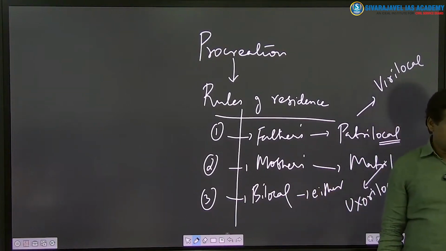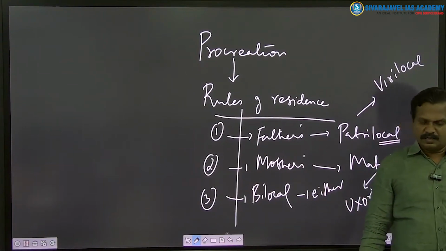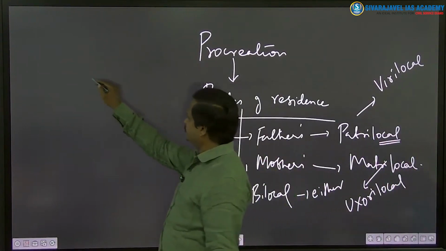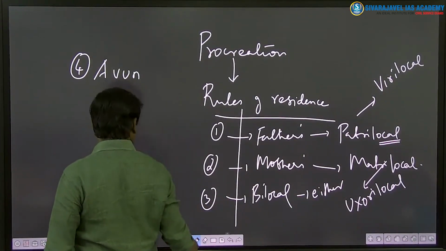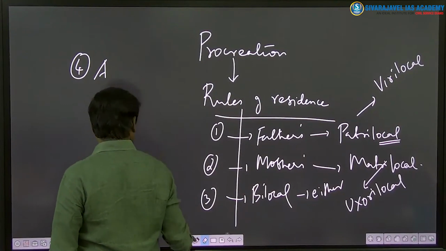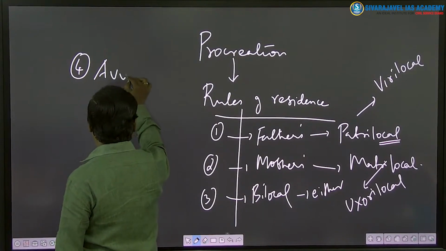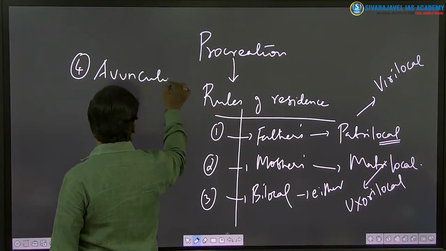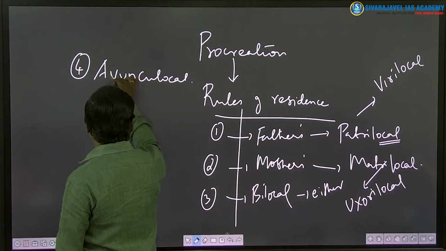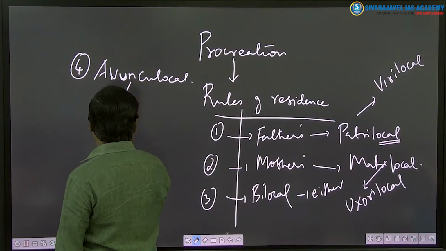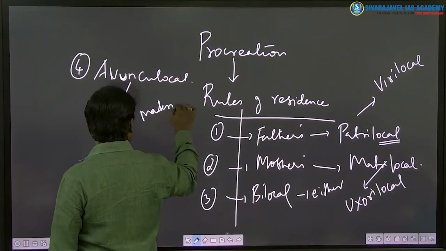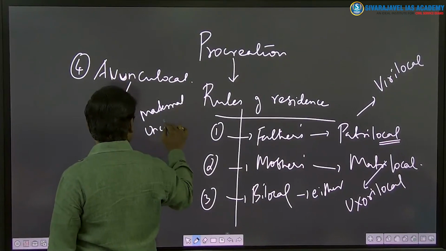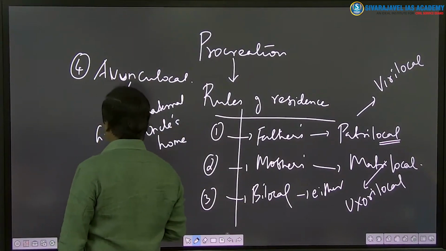And there is a residence called avunculocal, which means you are staying in the groom's maternal uncle's house.